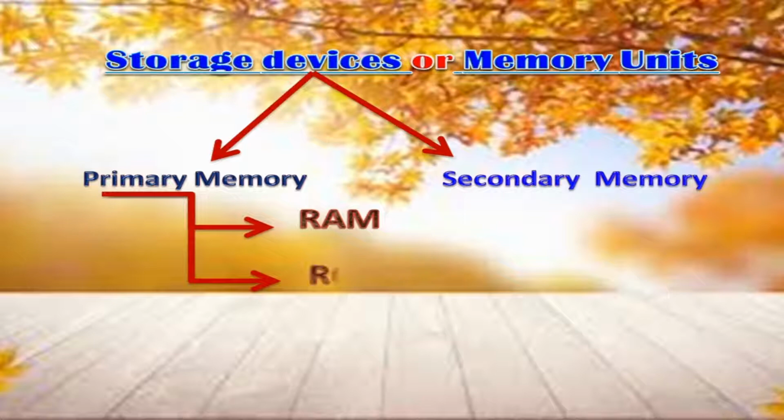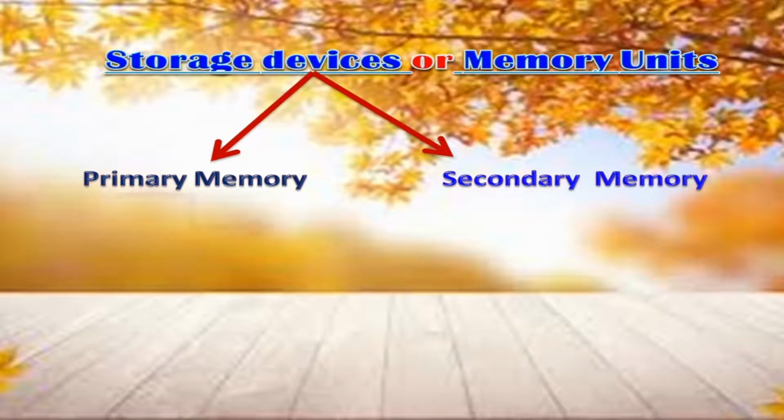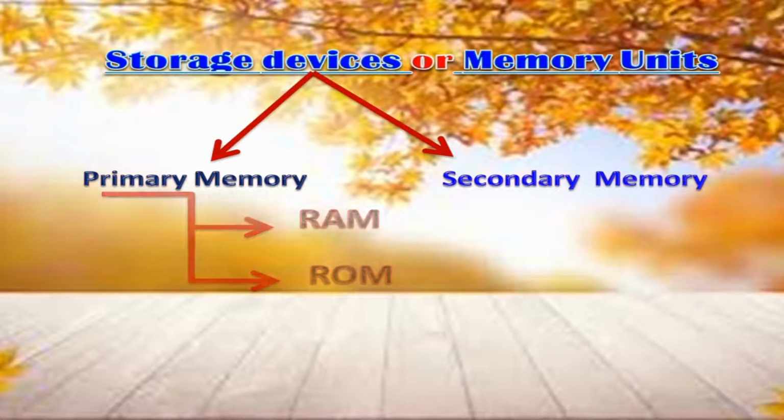It holds the data for a long period. Read-only memory means the data inside that memory cannot be erased. The computer can read the data, but the data present in the ROM cannot be erased. It is permanent. So RAM and ROM, these two are the primary memory devices.